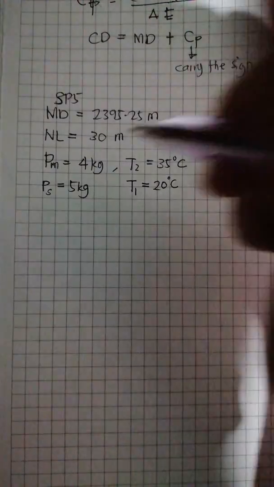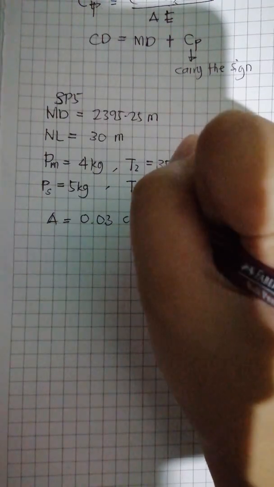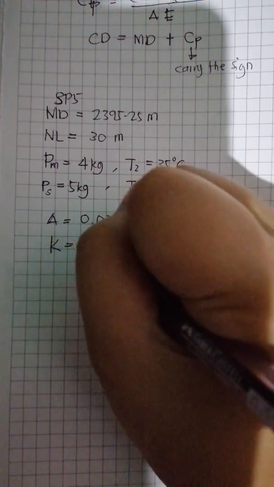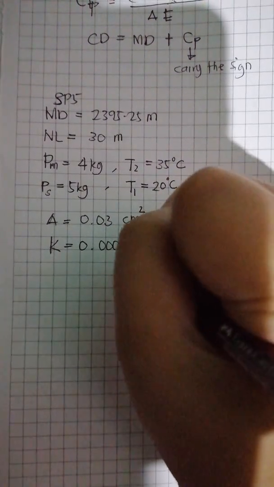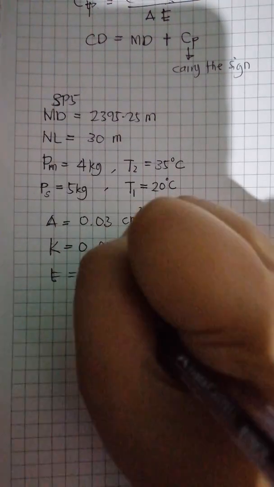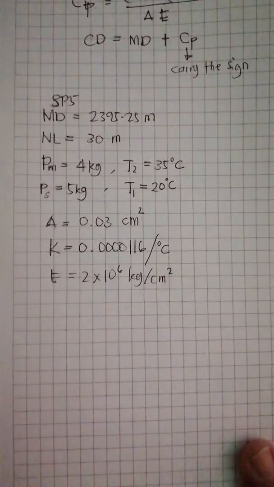So, standard din ang tape pag ang pull ay 5 kilograms. Cross-sectional area is given to be 0.03 square centimeters. Tapos, K is 0.0000116 per degree Celsius. Tapos, ang elasticity is 2 times 10 raised to 6 kilograms per square centimeter.